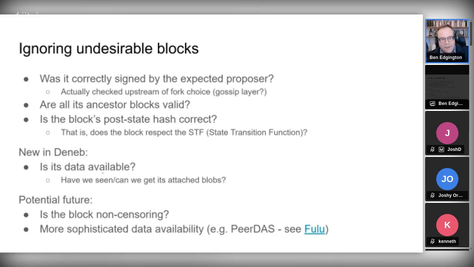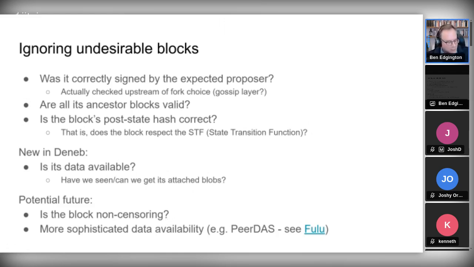So we can't make the head of a chain a block for which we don't have the data, or we can't get the data. In future, potentially, we might want to make sure that the block is non-censoring. So there's this FOCIL work going on, and that would exclude from fork choice any block for which there was evidence that it was censoring, that it hadn't included the transactions which it was supposed to have included.